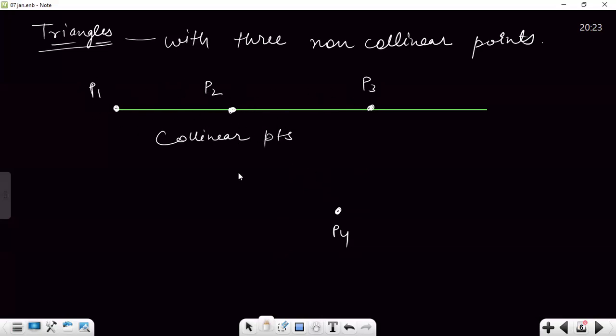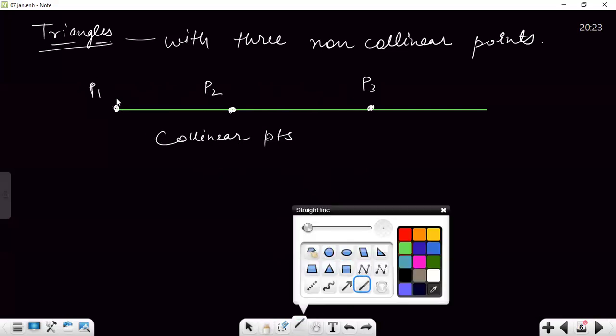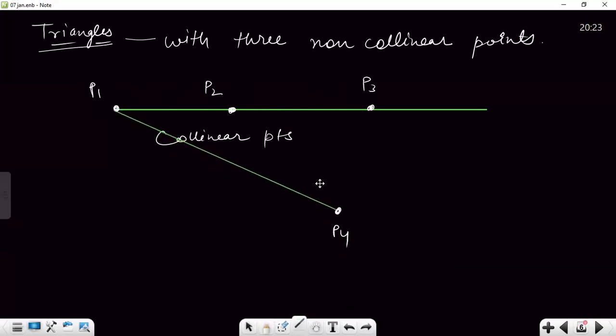If we consider just P1, P2, and P4, we have a possibility to make a triangle. Okay, like this. This is a triangle, right? So we cannot make a triangle with collinear points. That's the only point to consider.